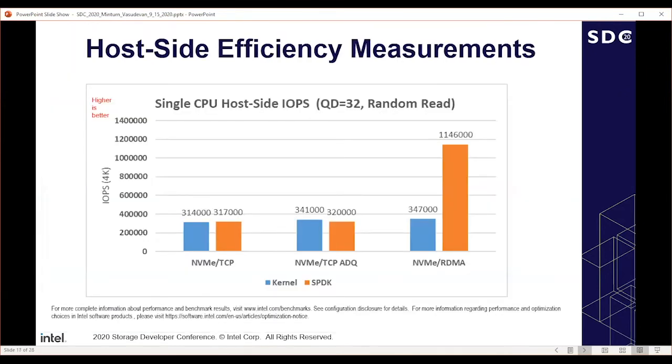Okay, with this slide, what we wanted to show was the host side efficiency measurements of the transport options that we described. What we did before this test was essentially put the host side single CPU at 100% utilization with a random read workload.